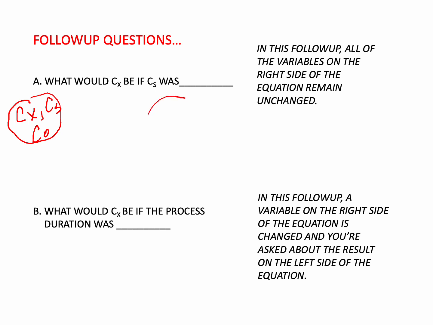The other side of the equation we have x and time and D. So in this case, we're changing one of the variables on the left side of the equation, and we're asked for another variable on the left side, which means that everything on the left together is the same.